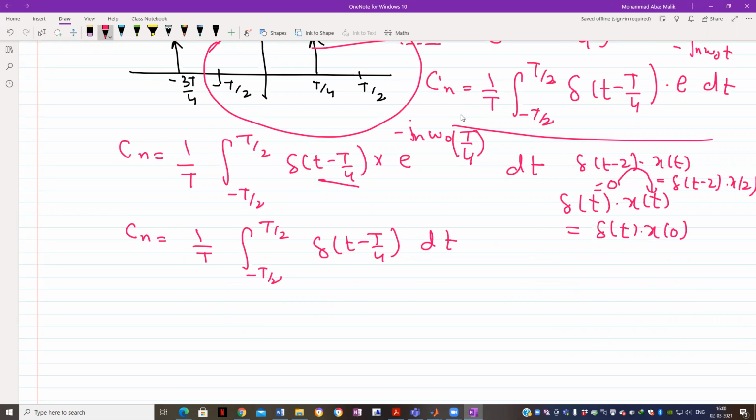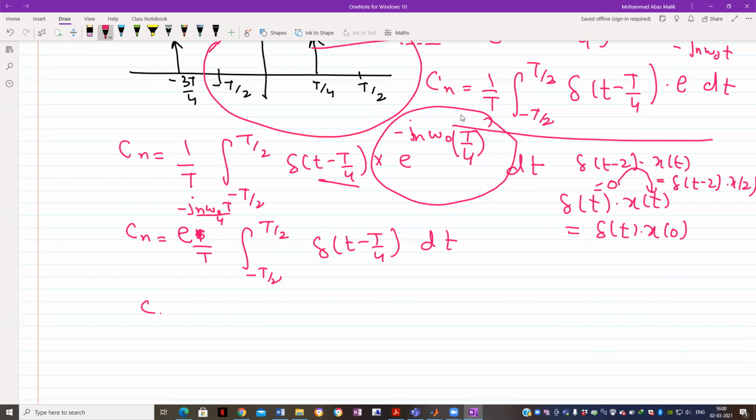This term is constant, because it is independent of t, and you are integrating with respect to dt, so there is no variable t here. This constant can be taken out and written here, that will be e raised to the power minus j n omega naught capital T divided by 4. So this is your value.